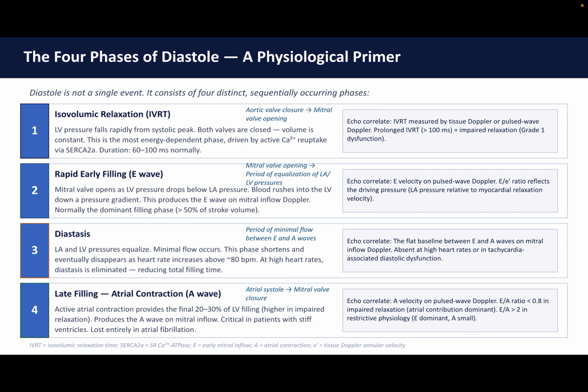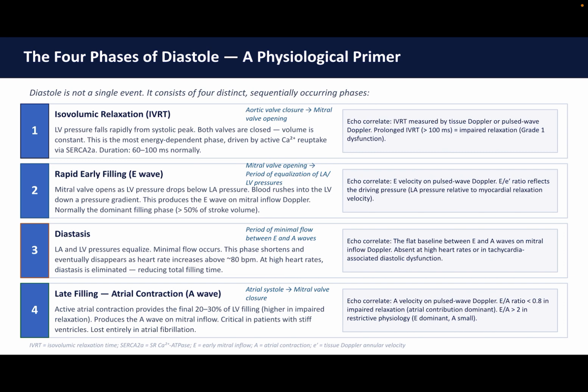LV pressure is falling from systolic peak. This is the most energy-intensive moment, duration 60 to 100 milliseconds normally. In echo, IVRT greater than 100 milliseconds is equivalent to grade 1 dysfunction. Think of it as the spring recoiling before it can pull anything in.